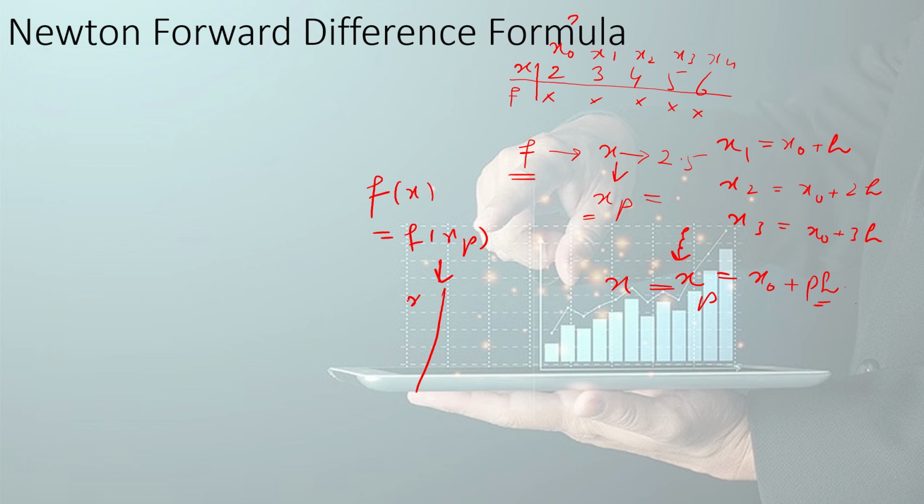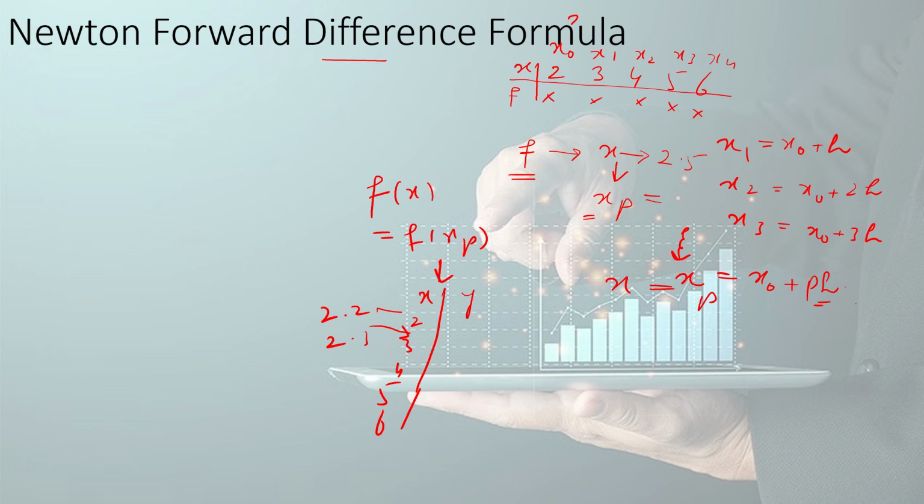If you are taking the values of x like 2, 3, 4, 5, 6, something like that, and the unknown value is between 2 and 3, let's suppose here somewhere, it could be 2.2, it could be 2.3 or something like that, then the most suitable formula will be this Newton forward difference formula. We may call it the Newton-Gregory difference formula as well.